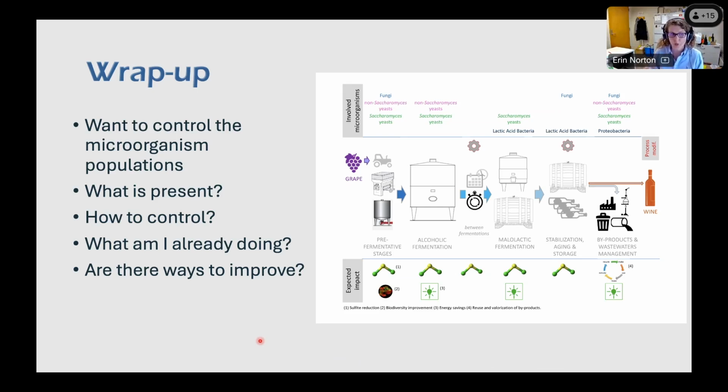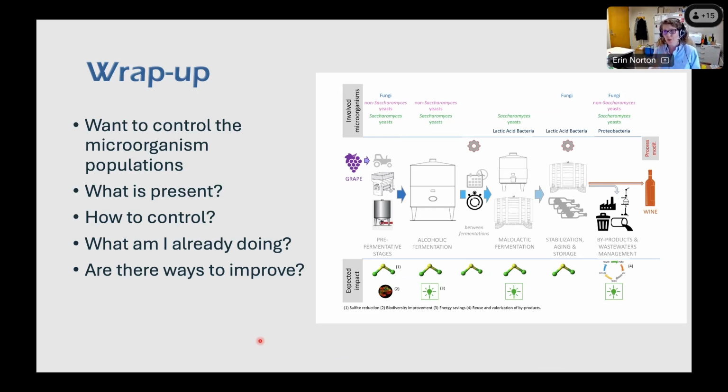Knowing what strategies work best, if you had Brettanomyces, what's a good strategy to use for Brettanomyces? Because it's SO2 tolerant, it's pretty ethanol tolerant. So which way should we go? What are you already doing to prevent those microorganisms? And is it working? It might be working. You might be on this going, Erin, I'm good.